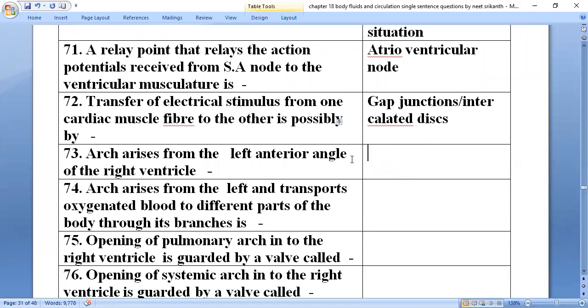The arch that arises from the left anterior angle of the right ventricle is the pulmonary arch. The arch that arises from the left ventricle and transports the oxygenated blood to different parts of the body through its branches is the systemic arch. The opening of the pulmonary arch into the right ventricle is guarded by a valve called the pulmonary valve.